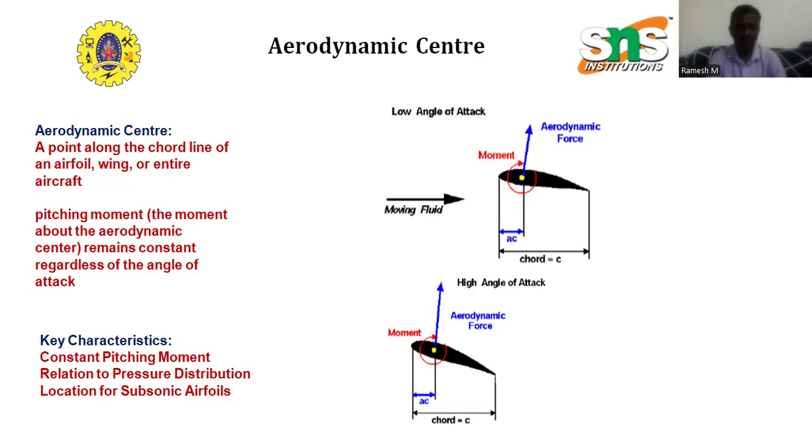Next is the location for subsonic airfoils. For symmetric and cambered airfoils in subsonic flow, the aerodynamic center is typically located near the quarter chord point. That means 25% of the chord length, also called c by 4 as a notation, from the leading edge.